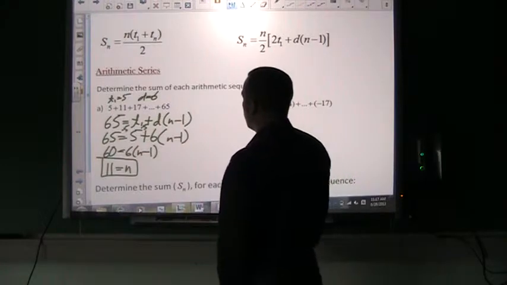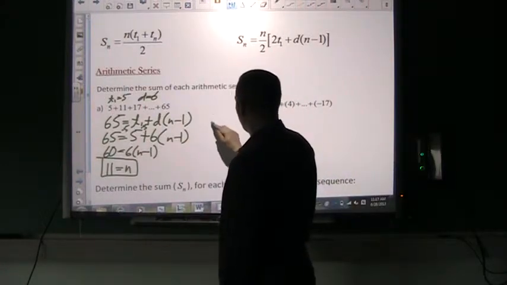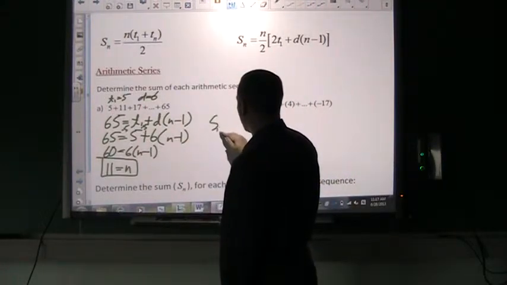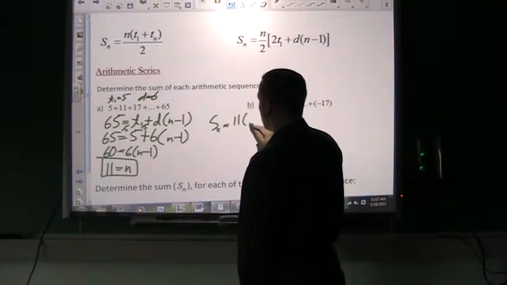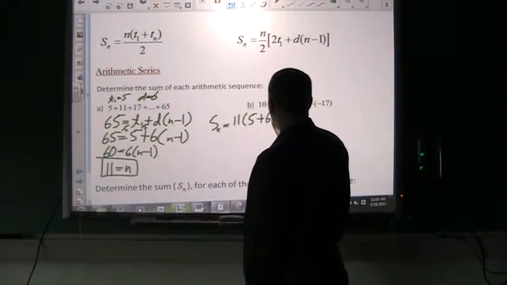So if I fill that in, I'll get that the sum of my 11 terms is equal to 11 over 2 times T1, which is 5, plus my last term, which is 65.